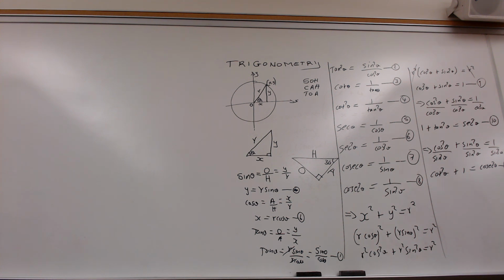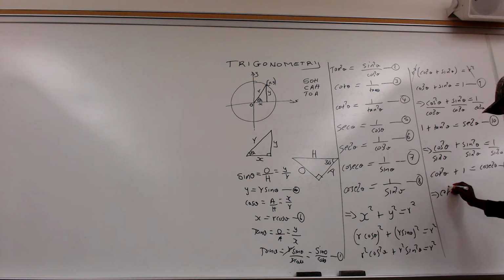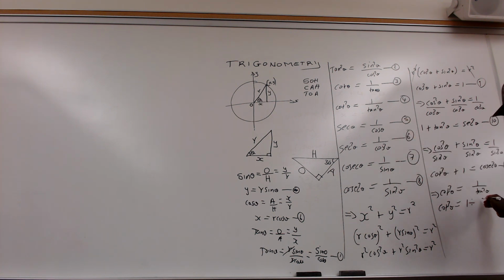But in another form, for this cot, we can also have another identity. Cot square theta, since it is 1 over tan square theta, we can simplify it. 1 divided by tan square theta, where tan square theta is sin square theta all over cos square theta.